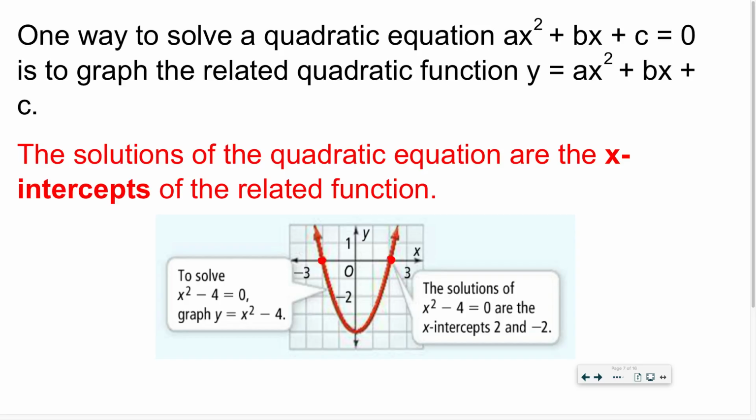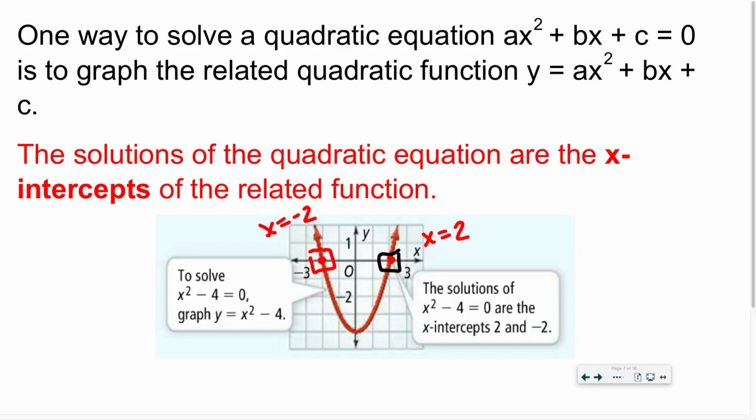So based on that image, how many solutions does that quadratic have? 2. What are they? -2 and 2. So this solution would be represented by x equals -2, and this solution would be represented by x equals +2. When you graph, especially in that situation, since they're whole numbers, you'd easily be able to identify the solution. And we'll work on that for today.